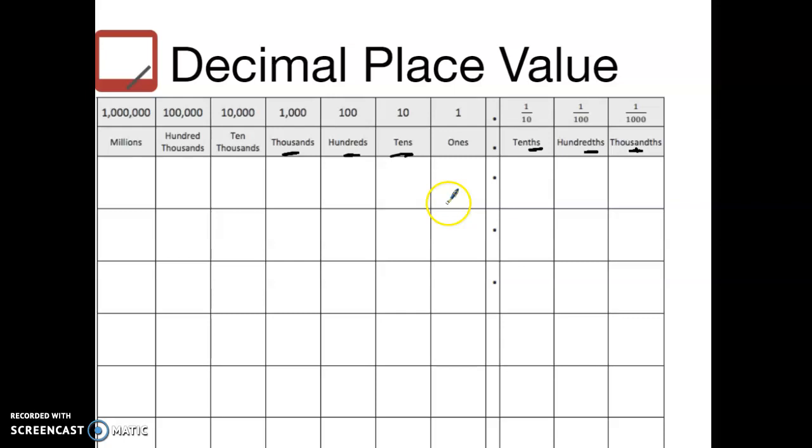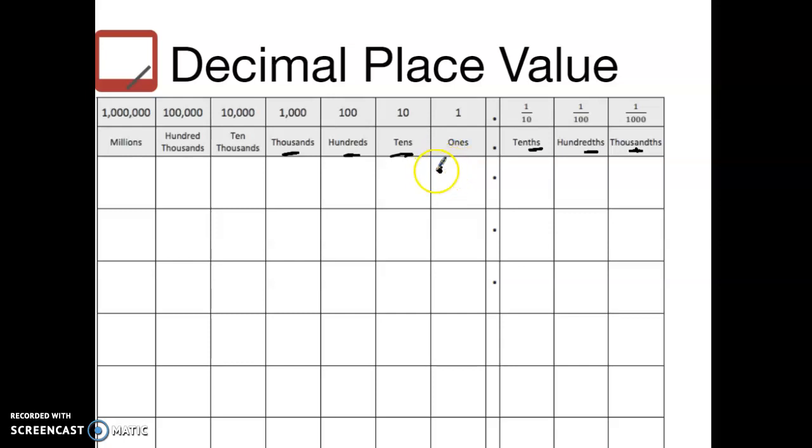So let's just go to the basics of place value understanding. Let's say I have 1. So with my 1, what happens when I multiply that 1 by 10? If I use the place value chart, I can show that understanding.